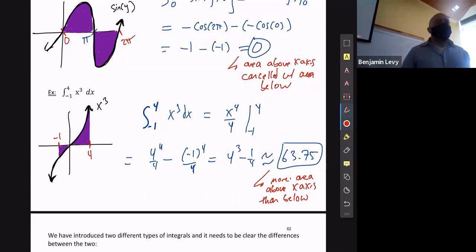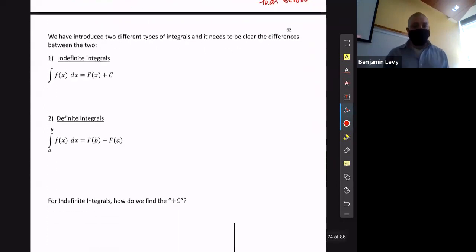All right. So before we do our quiz, I just want to summarize what we had just done, because the way I try to teach this stuff is exploring it a little bit, like thinking about how we are going to add up the area. I talk about doing the plus C and then we take it away with the other thing. And so sometimes people are confused at this point. So I'm trying to just lay out the two things we've talked about. We've talked about indefinite integrals, right?